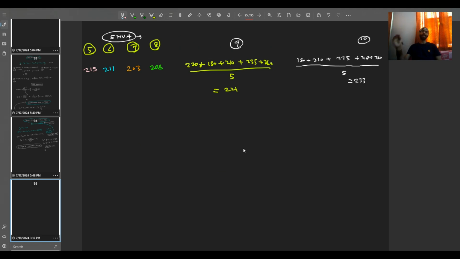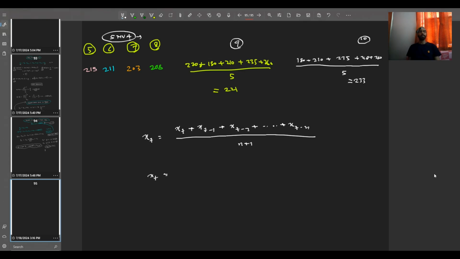So if we generalize the equation, the moving average of 5 values taken together comes to be like this: xt is equal to xt plus xt minus 1 plus xt minus 2 plus ... xt minus n divided by n plus 1.